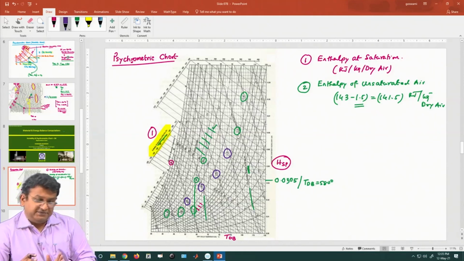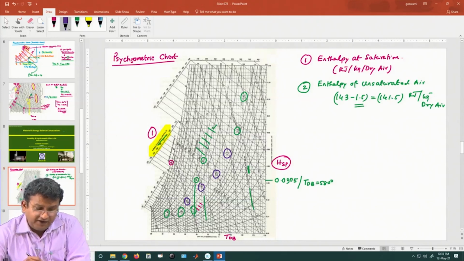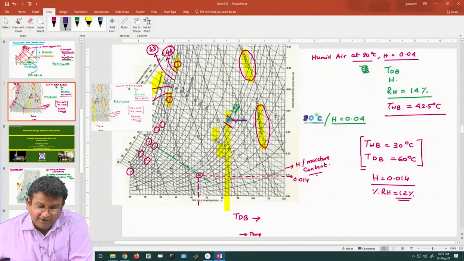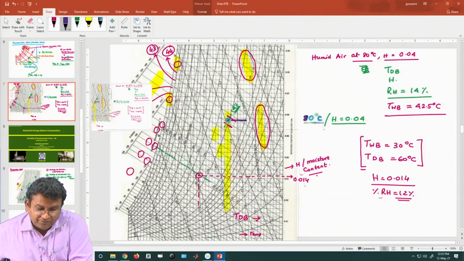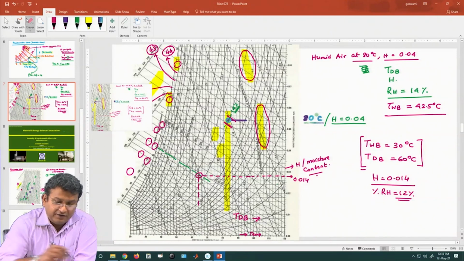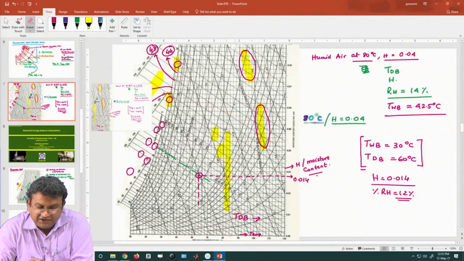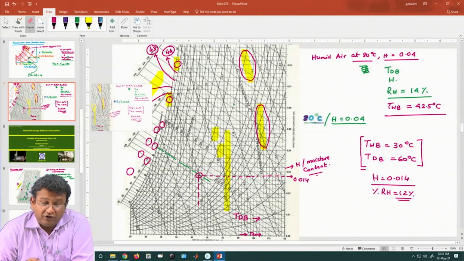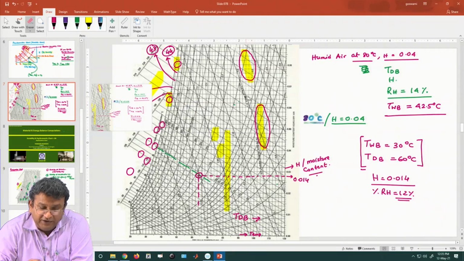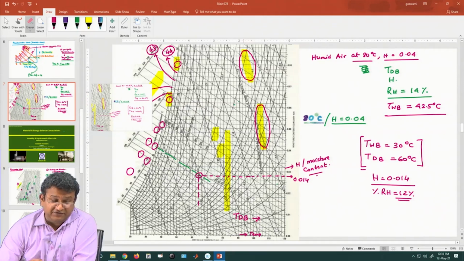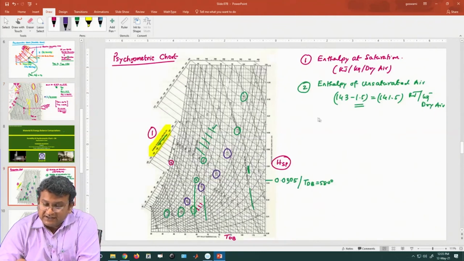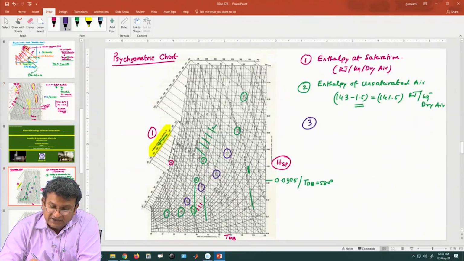These are also slanted lines, but at a much higher slope as compared to the wet bulb lines, and as you can see over here in this enlarged or magnified version, these are the humid volume essentially. So, this is essentially the volume of the humid air, meter cube per kg dry air, the specific volume or the humid volume. So, these are the third type of lines. This gives you the humid volume.